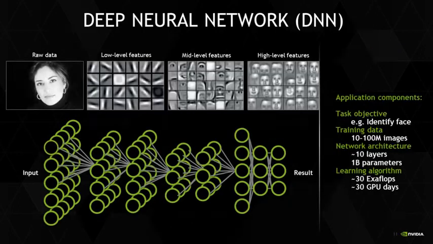So where does this term deep come from in deep neural networks or deep learning? It comes from the scale of these networks. The mathematical formulation of artificial neural networks has existed now for many decades, but we are only in very recent years, in the last decade, seeing these very impressive applications emerging.